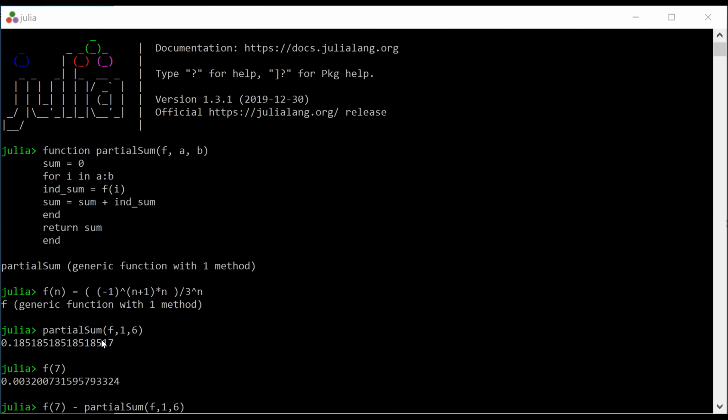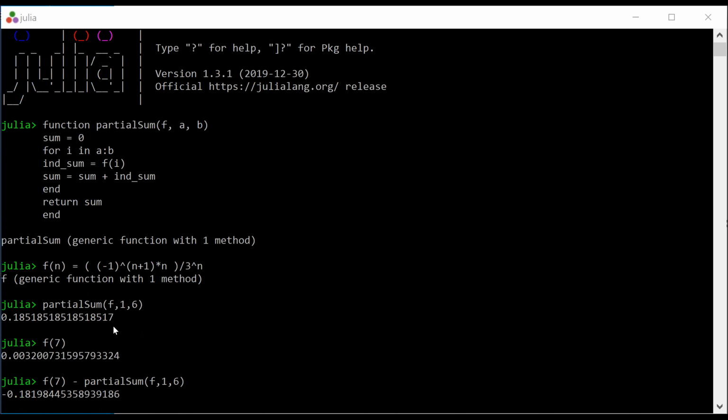When you do the partial sum of 1 through 6, it gives me this number. And then when I do the 7th term, you get this number. And I can figure out the difference between the partial sum and a sub 7. So that gives me this.